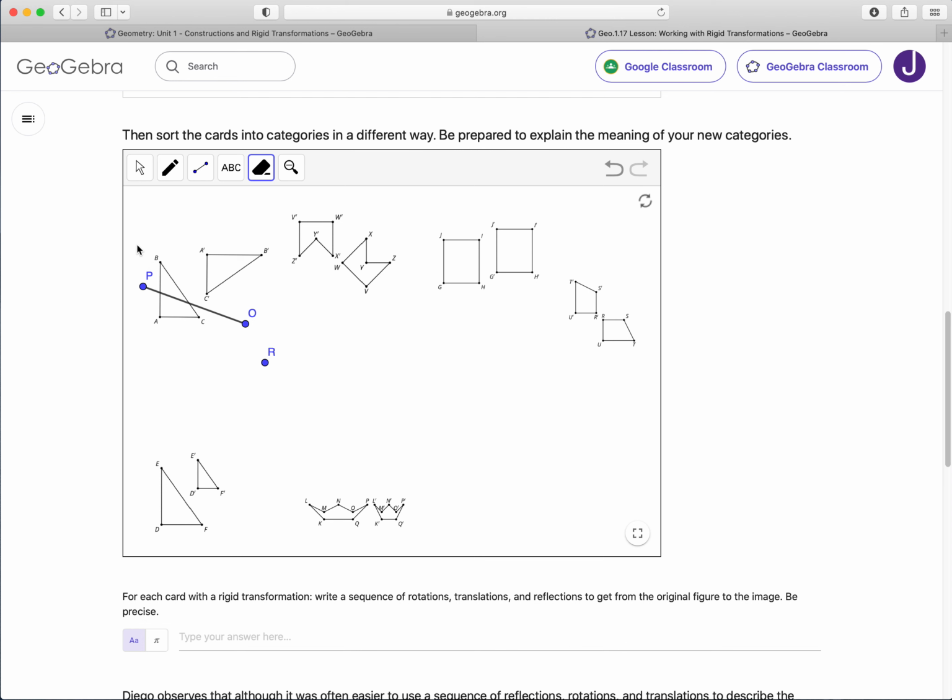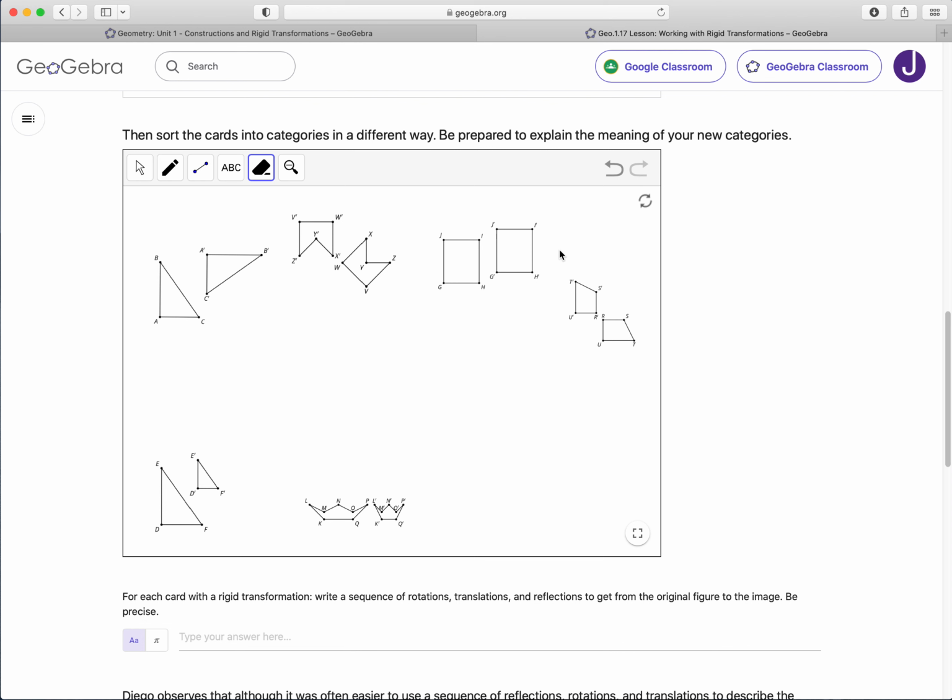So anyway, great. And you would do the same thing here, right? You draw a perpendicular bisector for W to W prime, X to X prime, Y to Y prime. There's a perpendicular bisector for each one of these, and all of them should end up crossing at the same point, and we use that as the center of rotation. All right.